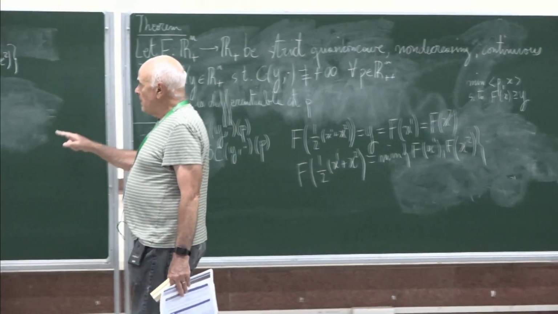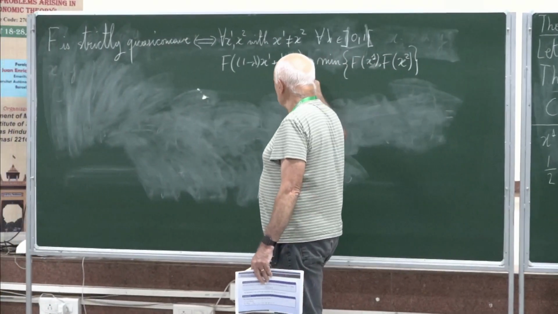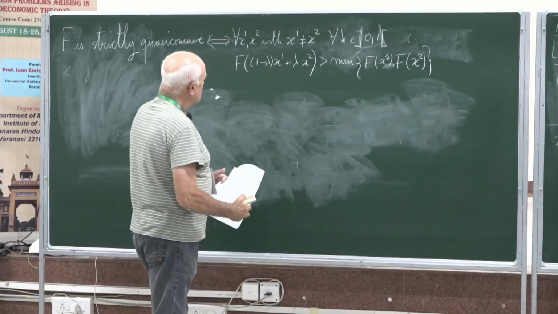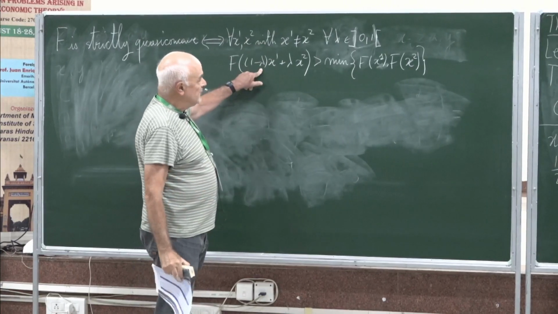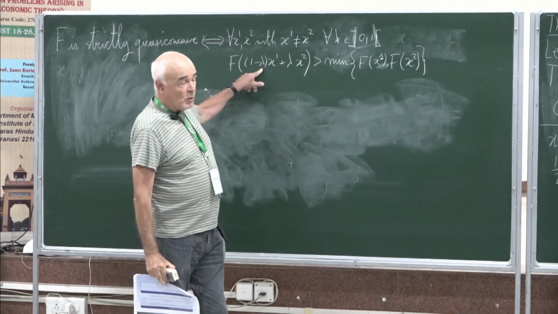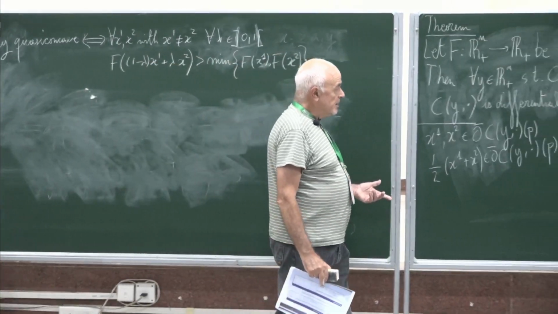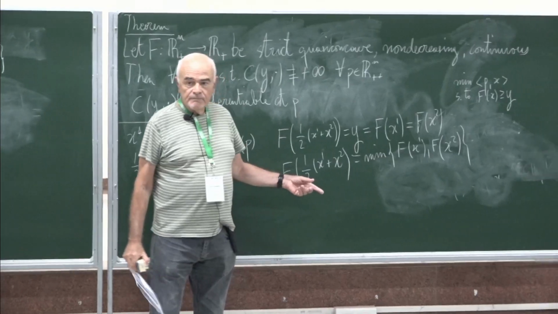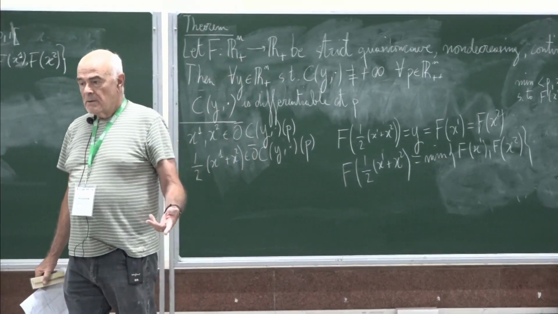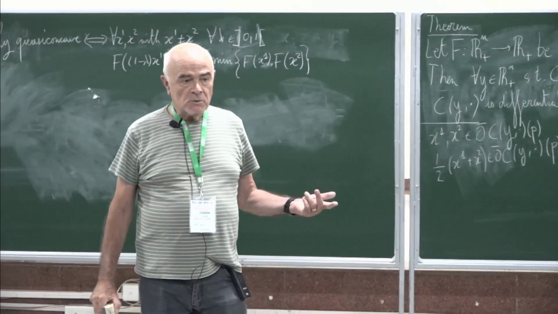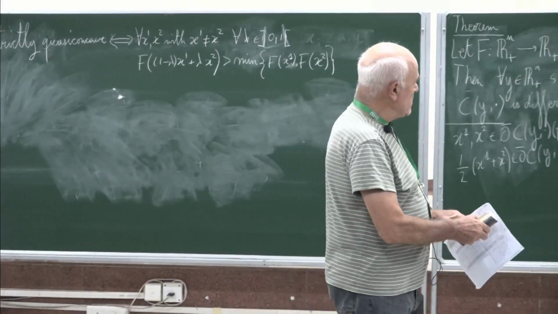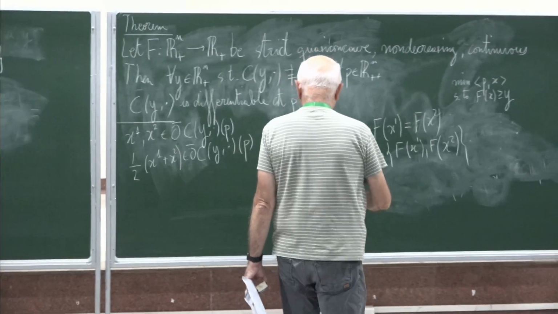This equality is impossible if lambda is different from 0 and 1, and here it is different because it's 1/2, and if x1 is different from x2. So the conclusion is that x1 is equal to x2.